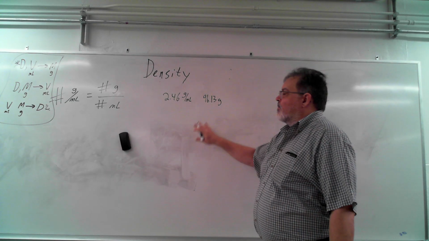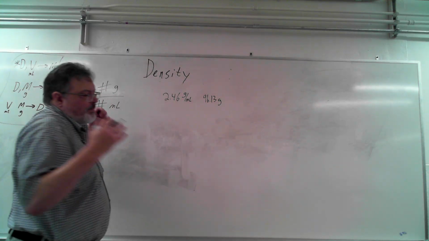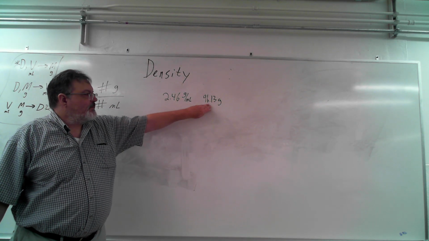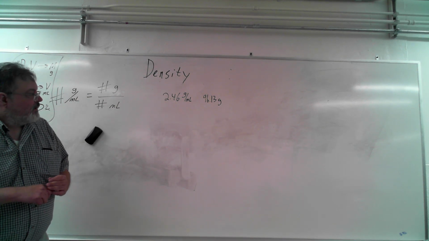So what if those are the 2 pieces of information that are given? Well, again, picture a problem that says the substance has a density of this, and you have this many grams of it. What's the volume of that sample that you have?